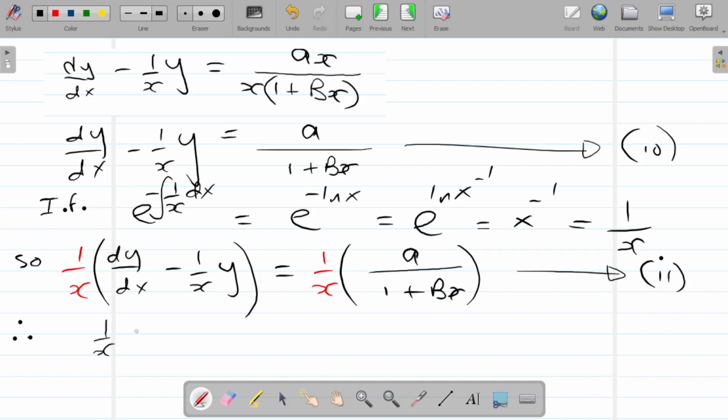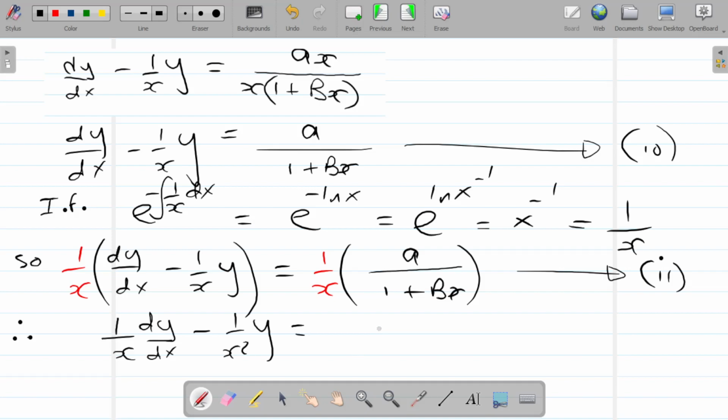Now we can simplify this to give 1 over x dy by dx minus 1 over x squared y. See, we're multiplying everything out by the 1 over x.